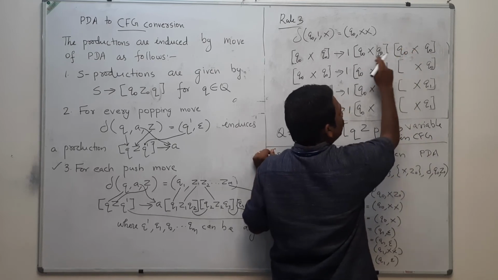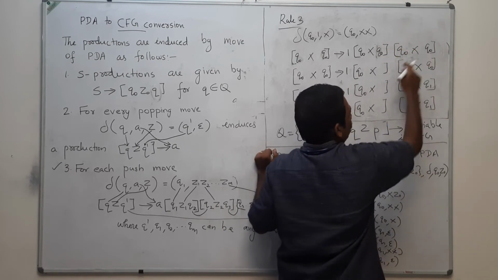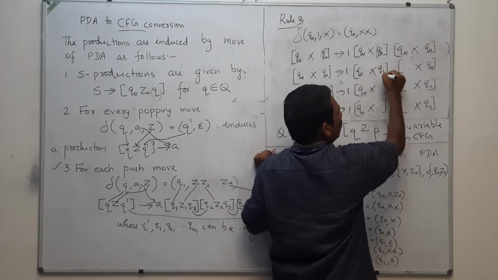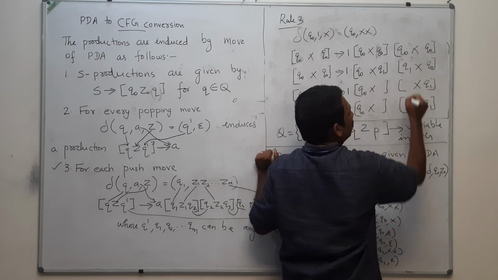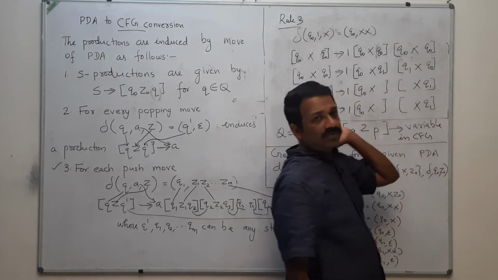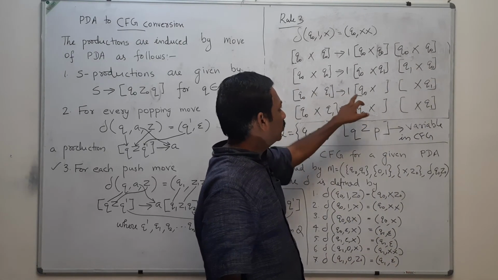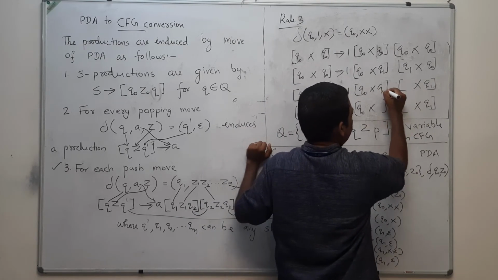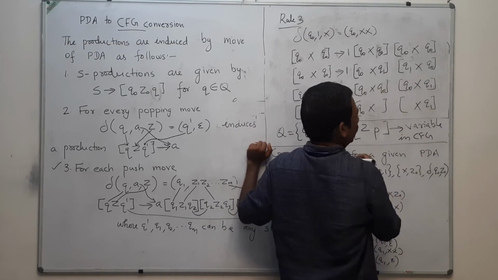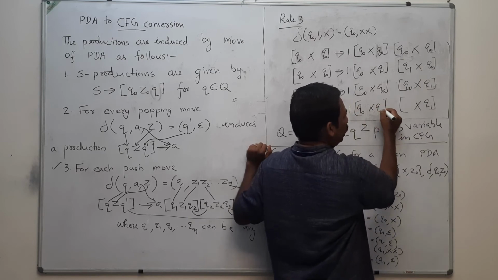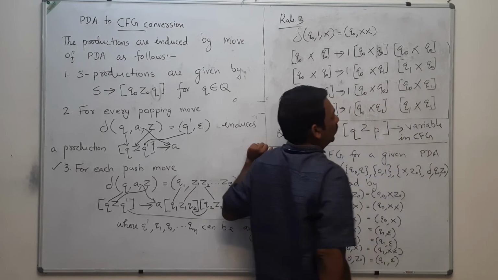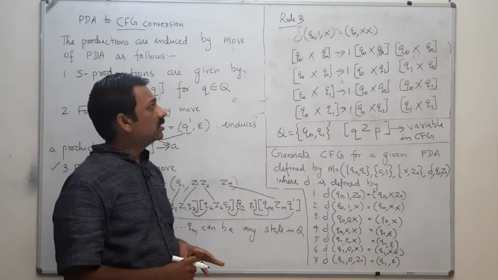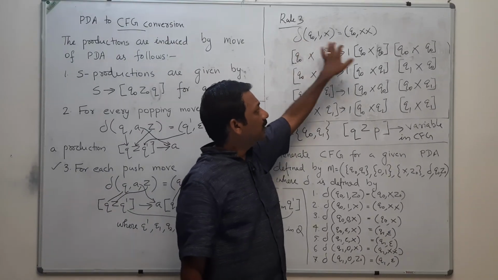You are moving from Q0 to Q0 and Q0 to Q0. If you are moving from Q0 to Q1, then you have to start from Q1 and return back to Q0. So these are the four productions we have developed using this move.